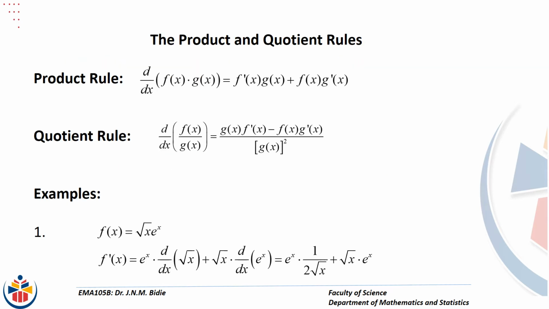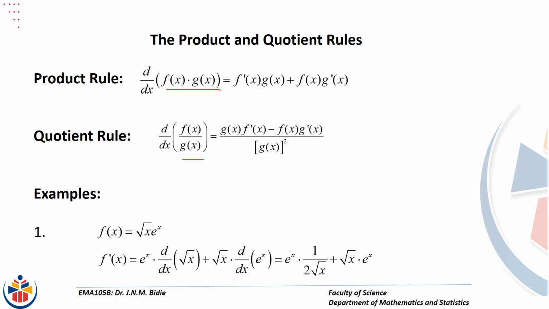Now we go to the product and quotient rules. These two rules apply when we're asked to find the derivative of a quotient, a function divided by another function, or a product of two functions.